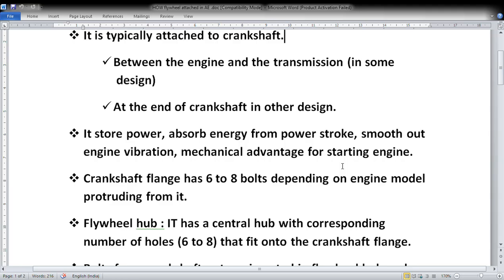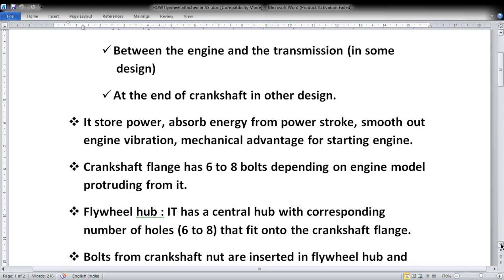Now when we speak about the crankshaft, the crankshaft flange has 6 to 8 bolts, depending on the design, the manufacturer and the size, protruding from it. Then there is the flywheel hub. It has a central hub with a corresponding number of holes, 6 to 8, that fit onto the crankshaft flange.